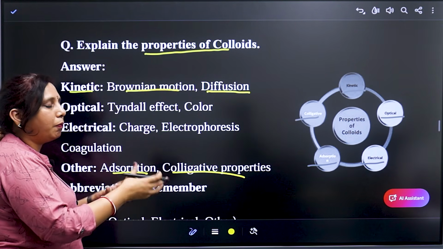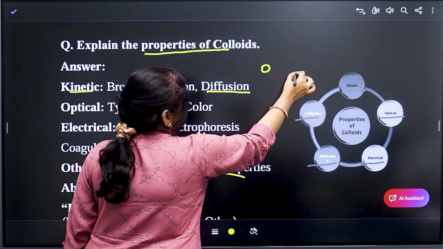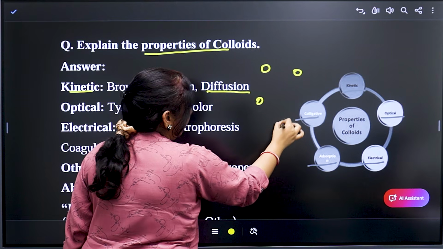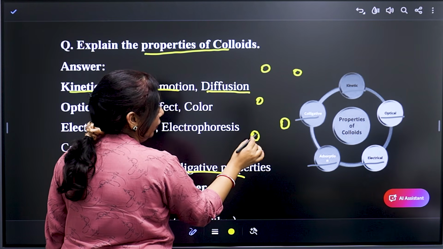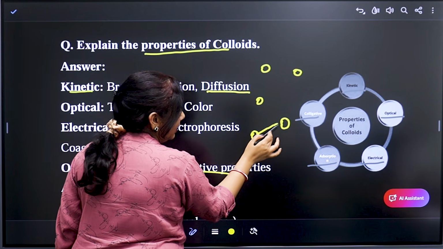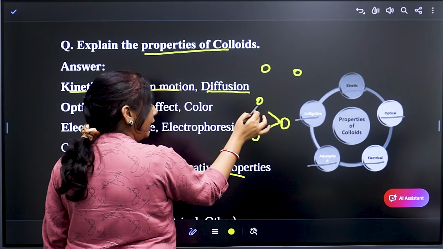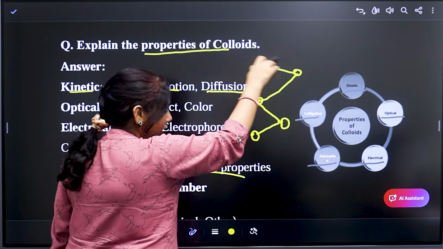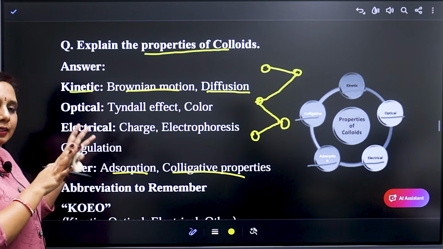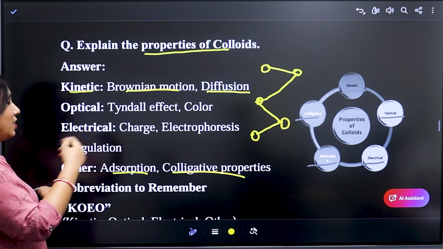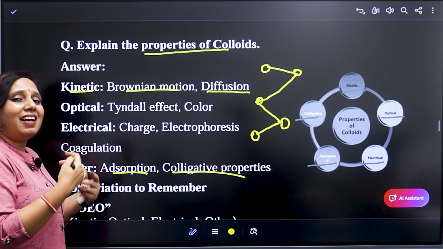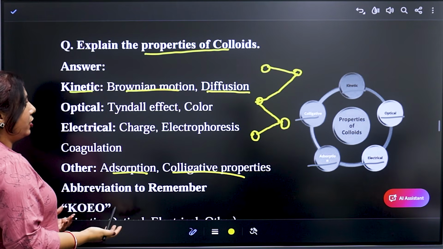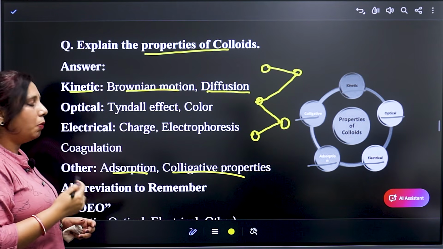Like if the molecules are present here and there, and one molecule starts moving, it hits this molecule, changes its direction, hits another molecule, changes its direction. So this zigzag movement is called Brownian motion. It is continuous and rapid in nature.